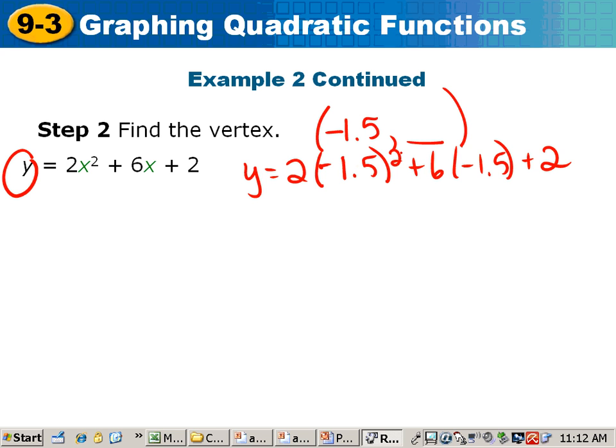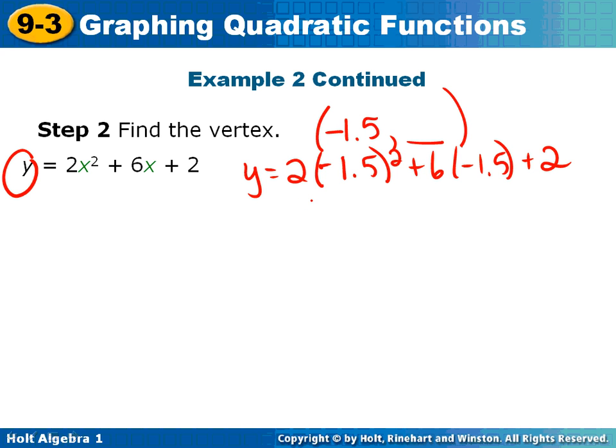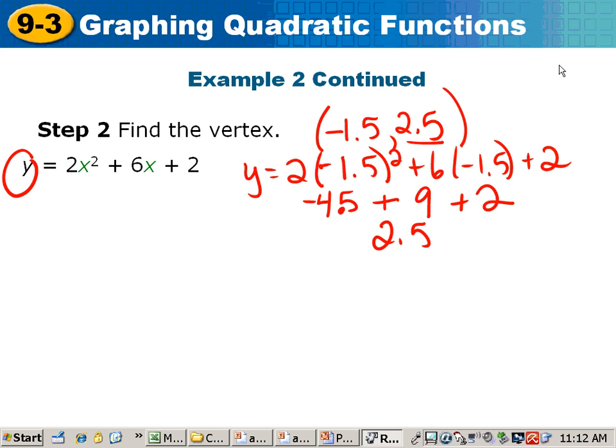Okay, -1.5 squared times 2 gives you 4.5. 6 times -1.5 is -9, plus 2. And when you take 9, subtract 4.5, and add 2, you get 2.5. So my vertex is -1.5, 2.5.